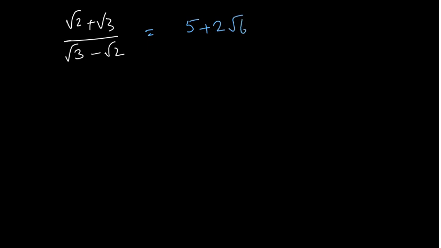This is the answer. Correct? Yes: root 3 square plus root 2 square, 3 plus 2 is 5, and then you get root 2 into root 3 times 2, so 2 root 6. Correct answer. So we don't need to have root 2 minus root 3 here or whatever, in that case you will get a minus 1, right? Yeah, good, correct.